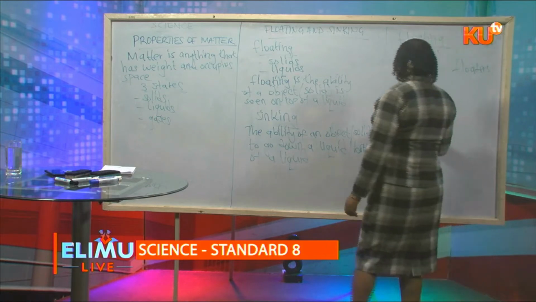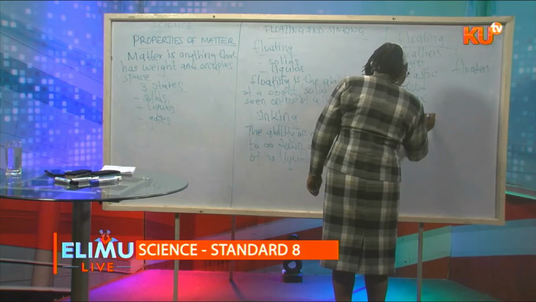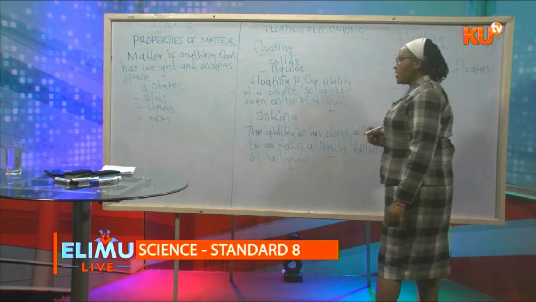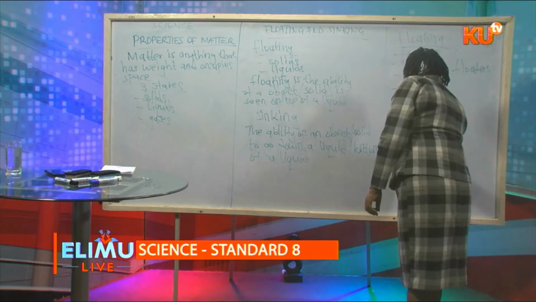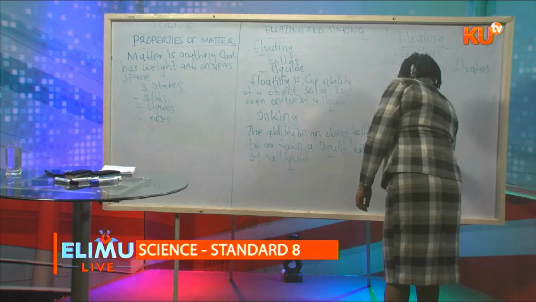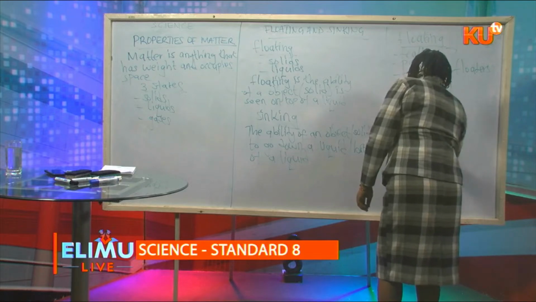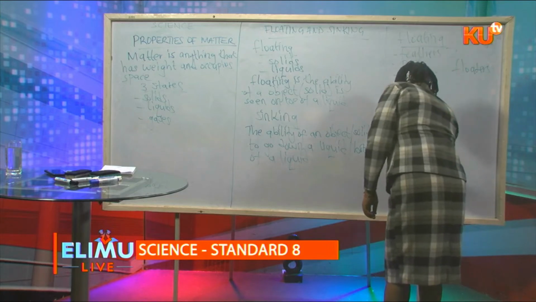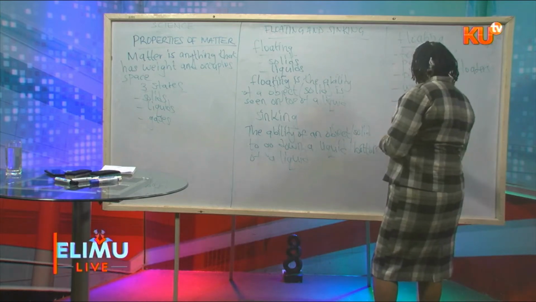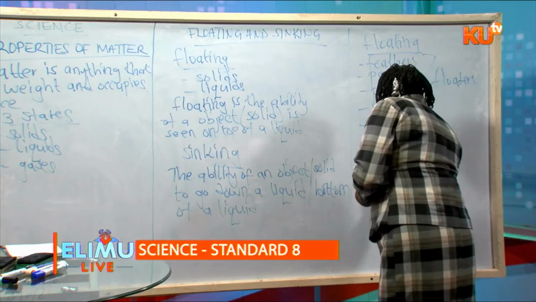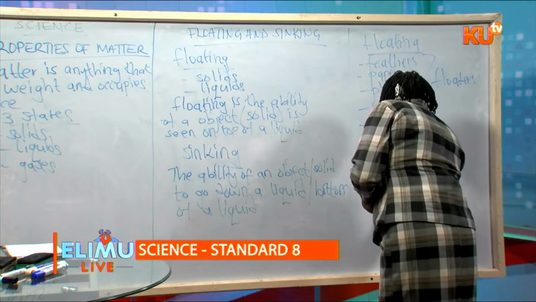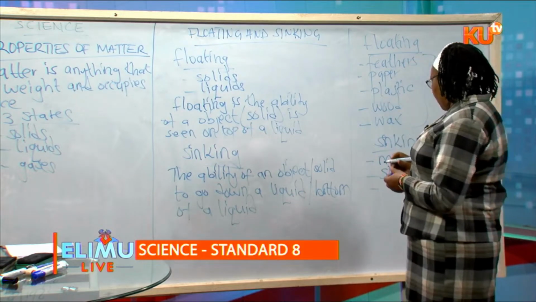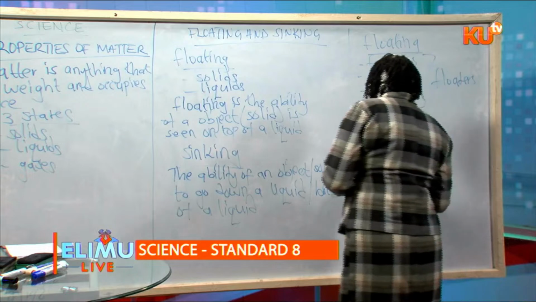If we look at sinking, we have objects that sink. Such objects can be made from metals. All objects which are made from metals usually sink when you put them in a liquid, or they go to the bottom of that liquid. Now we have stones. When you put stones in a liquid, they will go to the bottom, so that is sinking.